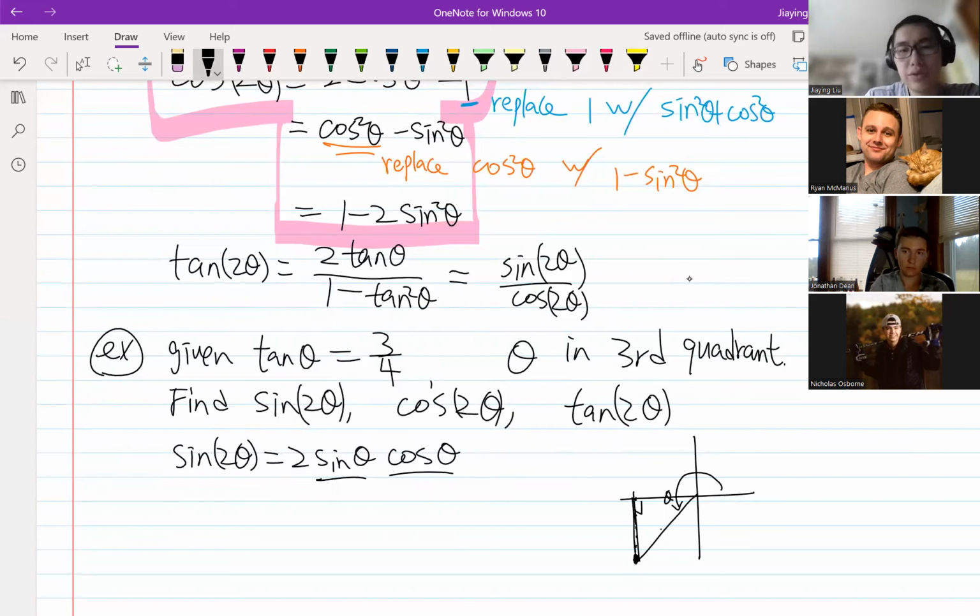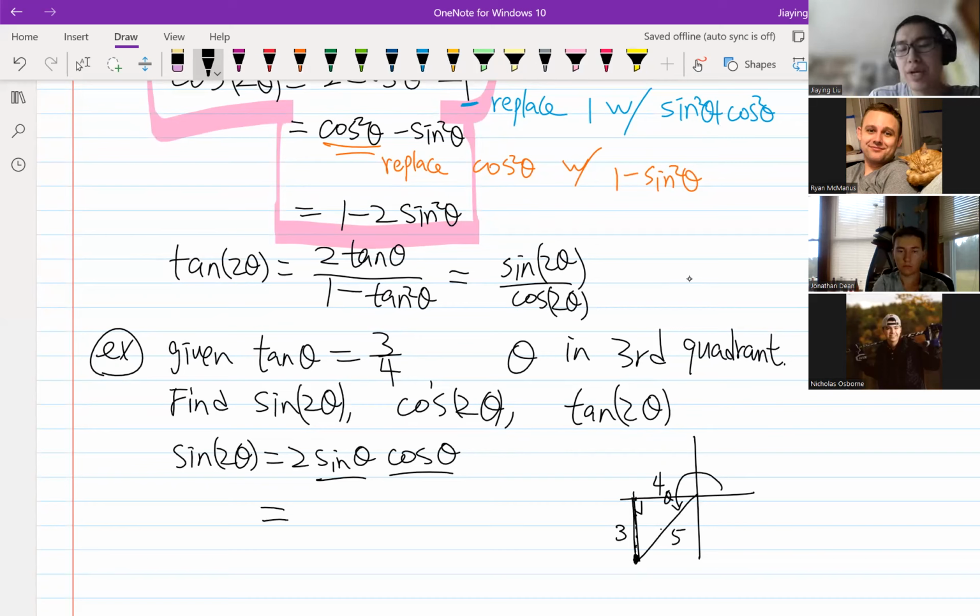And then we're going to assume that the opposite side is 3, the adjacent side is 4 to this angle. So this is the opposite side, we're going to call it 3, adjacent side is 4. And then we just have to be careful when we find the sine and the cosine. Before that, we need to know the hypotenuse is 5.